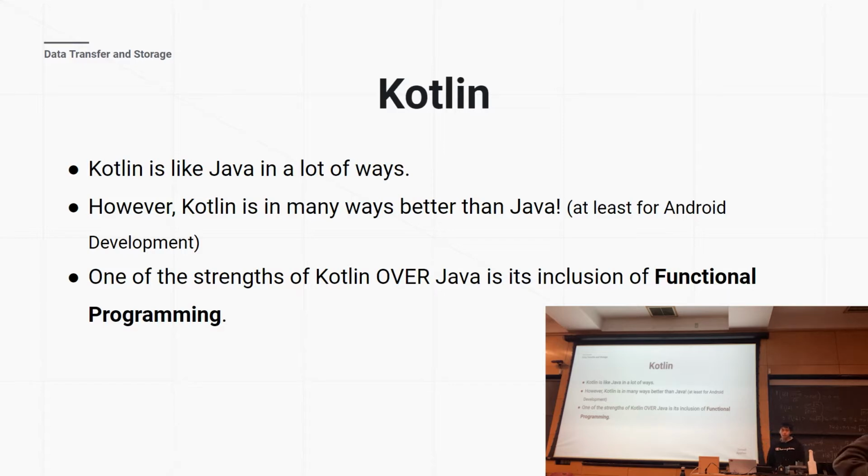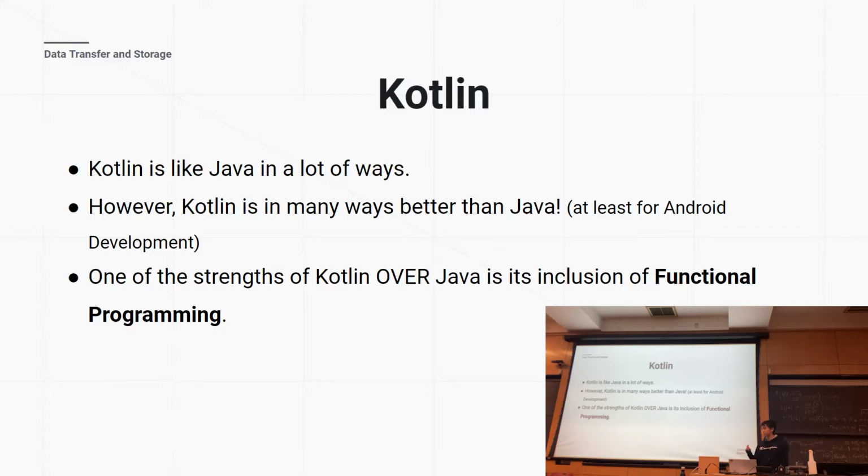A lot of the syntax is shared, and if you're coding in Kotlin, you'll see a lot of remnants from Java, such as .class and other things that clearly show that Kotlin is built off of Java. However, Kotlin is in many ways better than Java, or just different in ways that make it more suited for Android development.